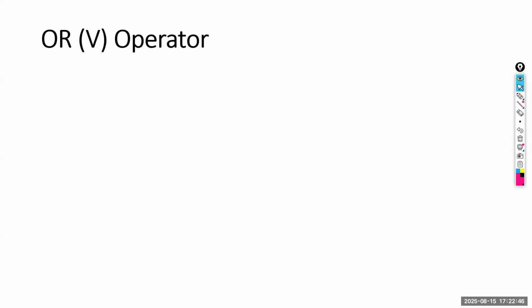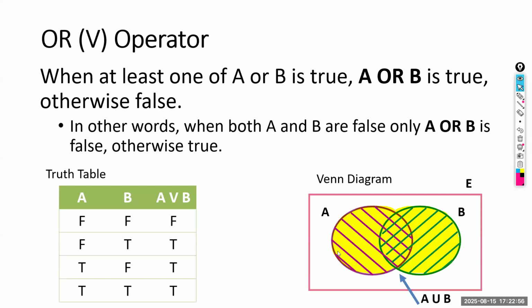Next one is the OR operator. The corresponding sets operator is union. And you can see there is a big similarity between the OR operator in maths and the union operator in sets. So first of all, let's look at what the union operator is. Union means belong to A or belong to B. That is how you explain it.